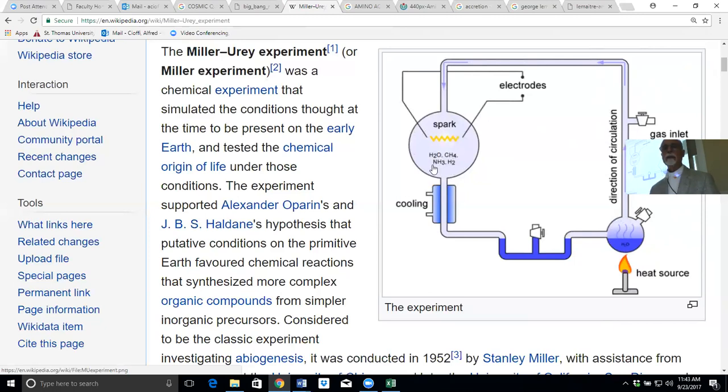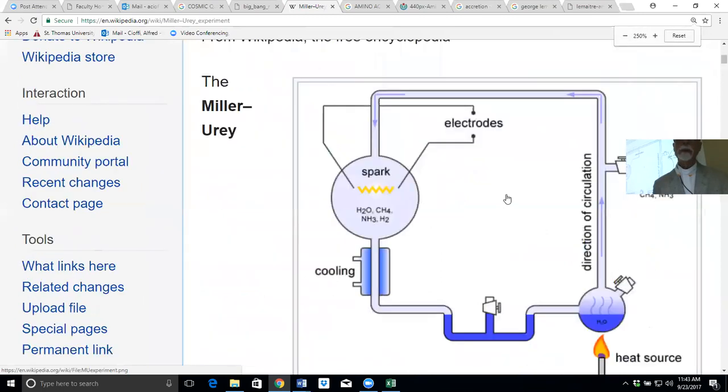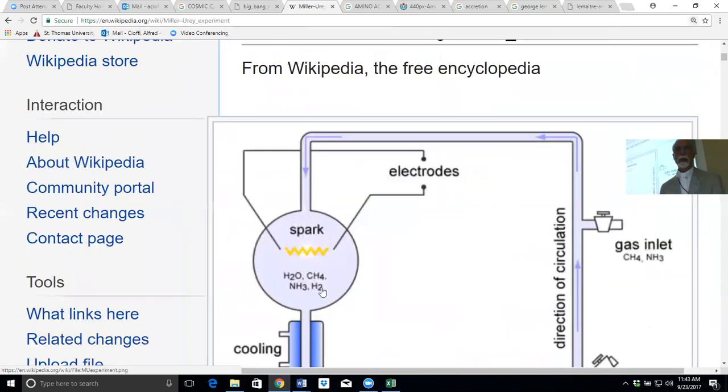And then there is ammonia, NH3. And then, I forgot, there's also hydrogen, which is highly explosive. So if you put a spark in there, if you put electrodes and run a charge, it's going to go whoop. It's going to give you an explosion, because hydrogen is highly explosive. Hydrogen gas.